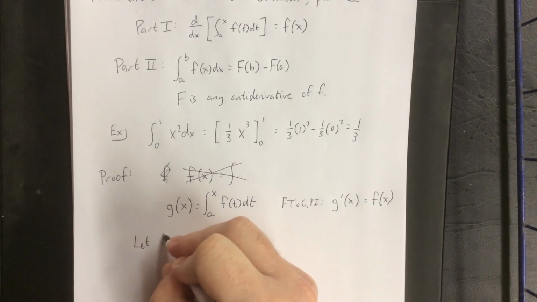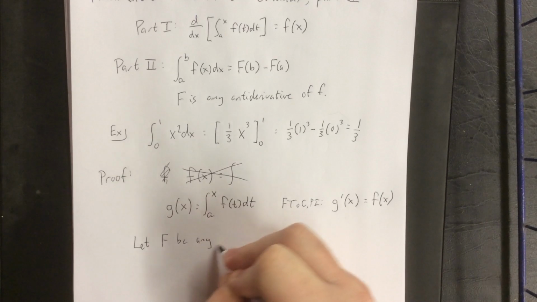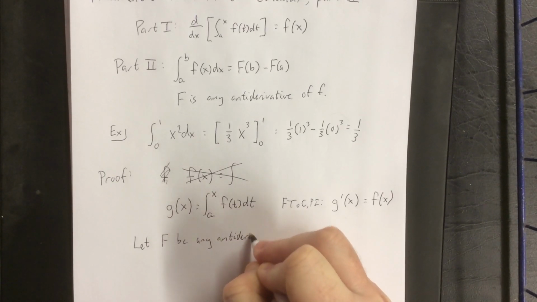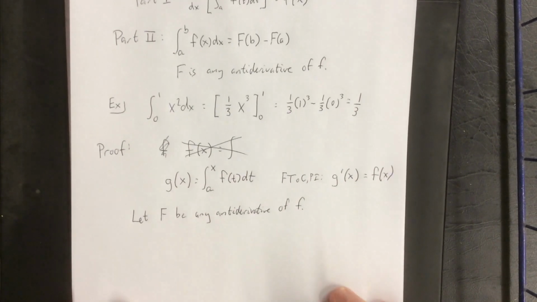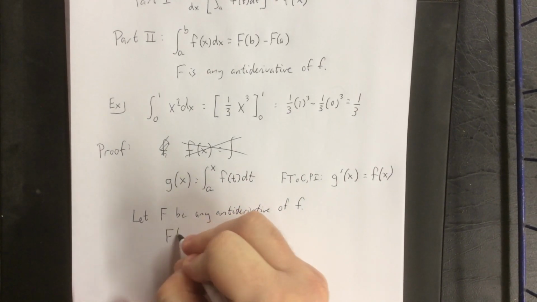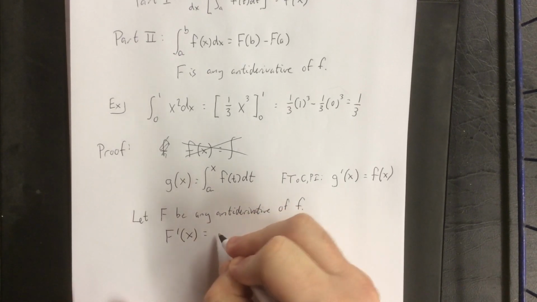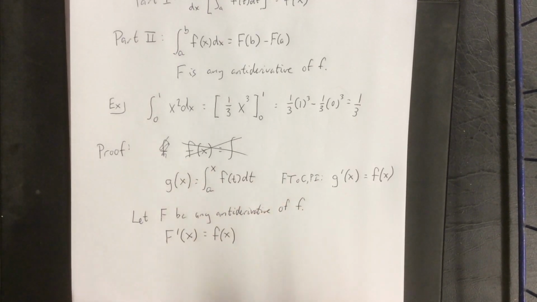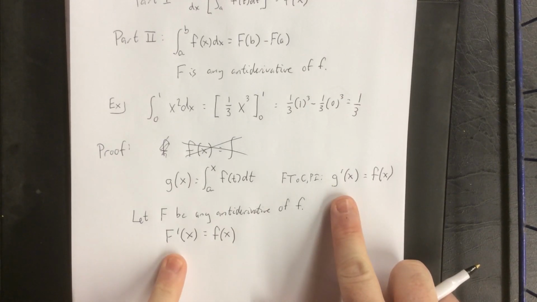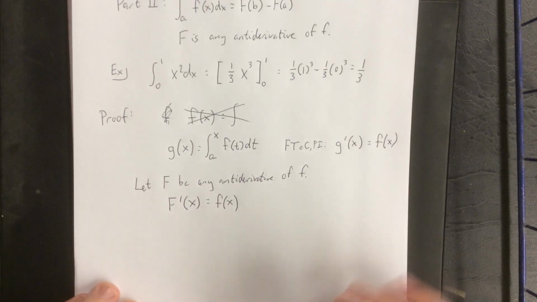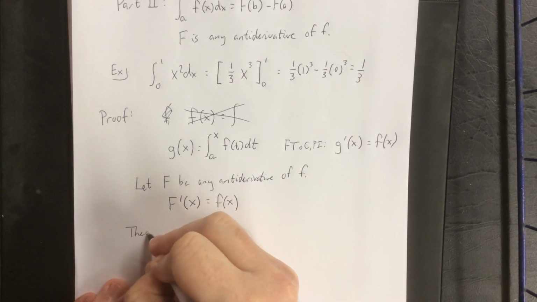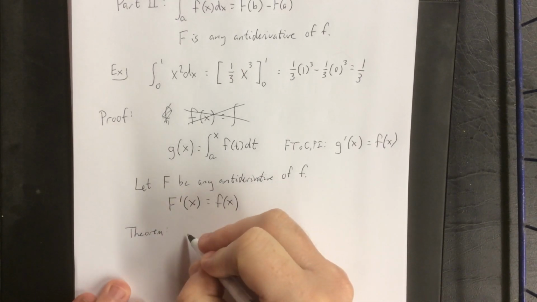We're also going to say let capital F be any antiderivative of little f. We can interpret that by the definition of antiderivative to mean that capital F prime of x is equal to little f of x. Now there's a theorem back in chapter 4 that said anytime the derivatives of two different functions are equal to the same thing, then those two functions have to be equal to each other, with the exception of perhaps a constant.